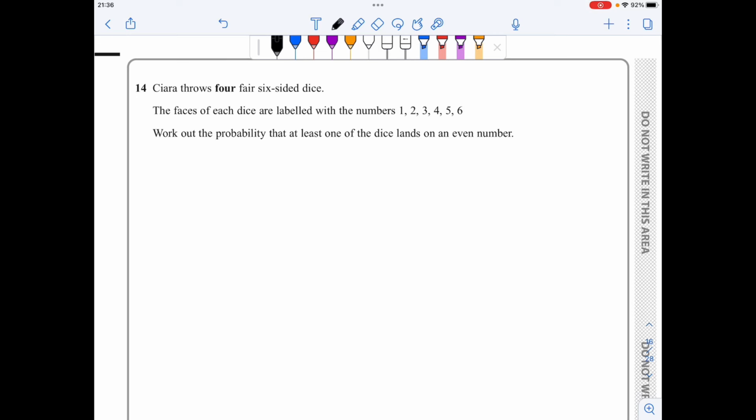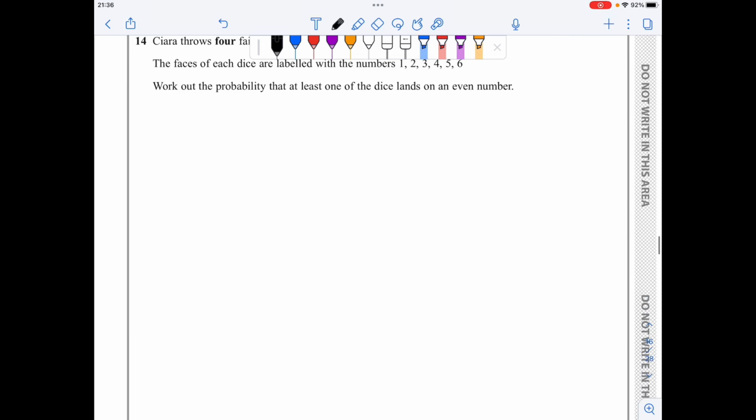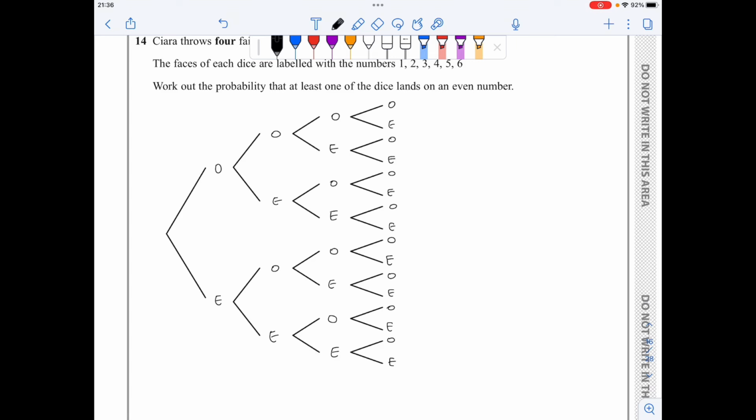For question 14, you can think of this as a tree diagram problem, and although you don't have to draw the tree diagram, if you decide to, it will look like this. Now the probability on each branch is 1 over 2 because half of the numbers are odd and half of them are even, and I want the probability of at least one even number.